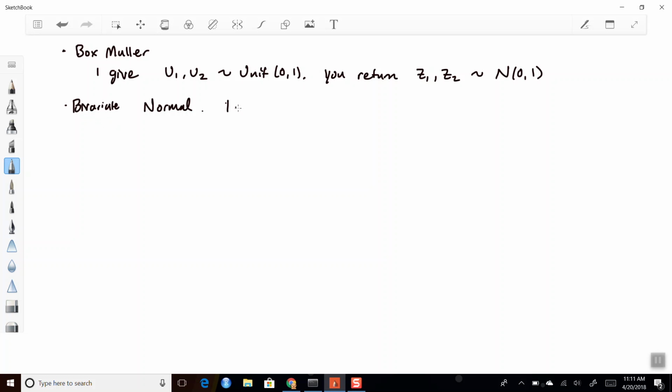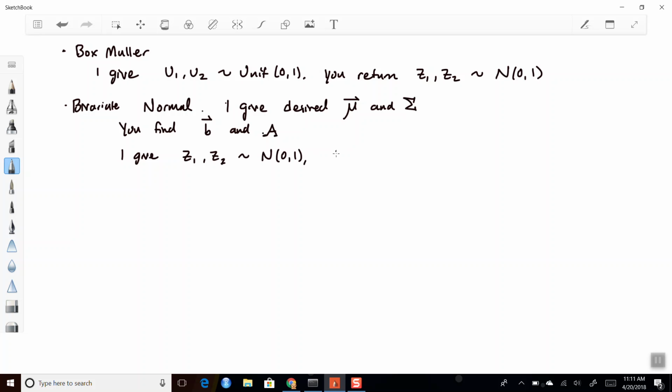I give the desired mu and sigma, you find B and A, and then I give Z1, Z2 drawn from normal 0, 1, and you give X1, X2 drawn from normal mu sigma. Is that all right?